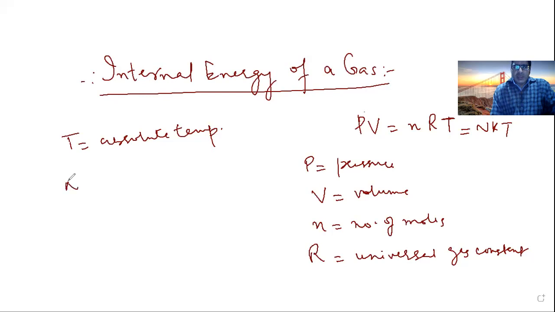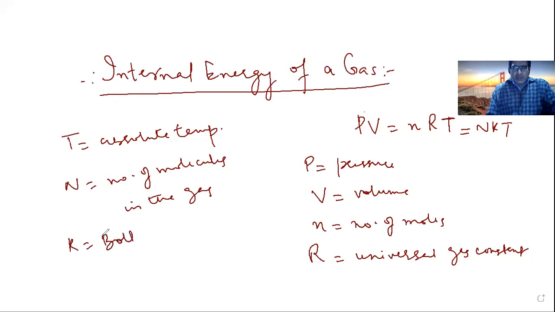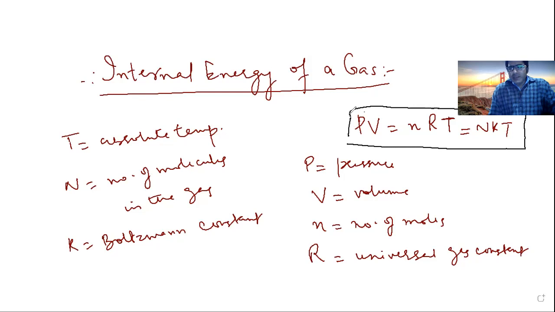So here capital N is the number of molecules in the gas, and k is another constant. It is called the Boltzmann constant, right? So you can write this ideal gas equation both ways.